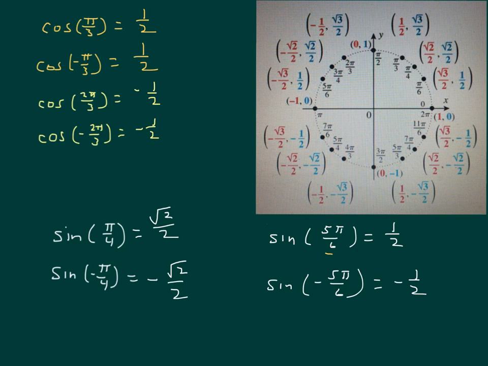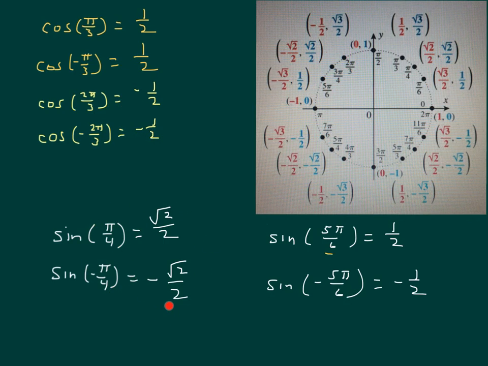Now you should notice some patterns here. Looking at cosine, these opposite angles, 2 pi over 3 and negative 2 pi over 3, gave me the same value. So this would be an even function: the cosine of negative theta would be equal to the cosine of theta. And with sine, opposites like pi over 4 and negative pi over 4 gave me opposite results.